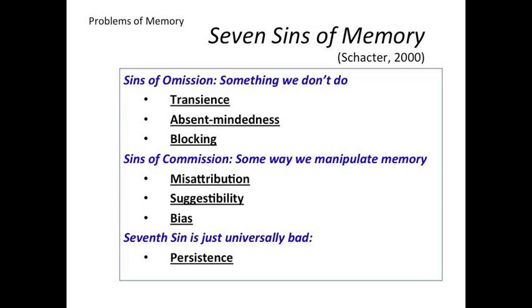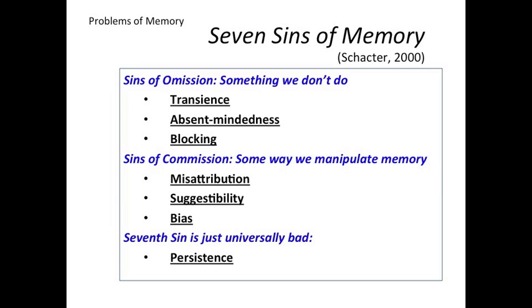He groups the ideas in his book into three groups. The first three sins of memory he calls sins of omission. These are problems we have in learning and memory when we don't do something. The first three are transience, absent-mindedness, and blocking.